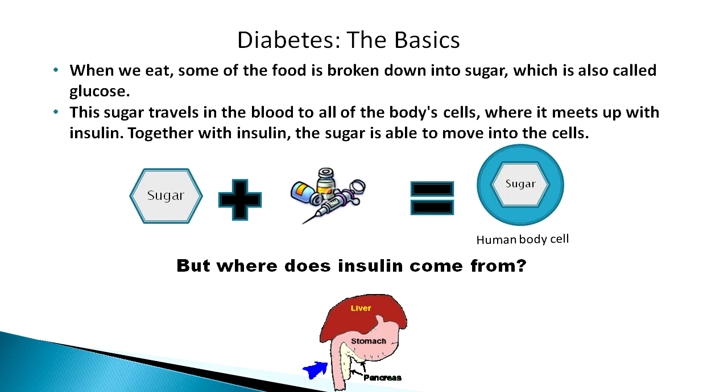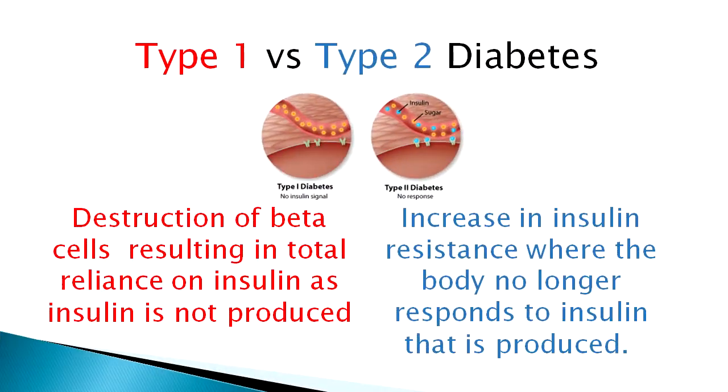You may have heard of type 1 diabetes versus type 2 diabetes. What is the difference between the two? We're predominantly talking today about type 2 diabetes, not type 1, but I thought I would explain the difference. Type 1 diabetes usually occurs in childhood or in young adults, typically below the age of 40.